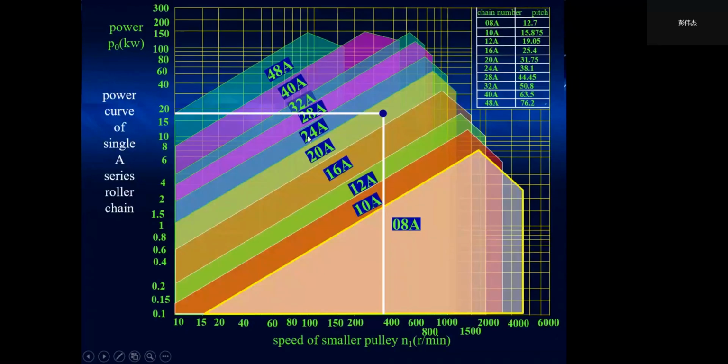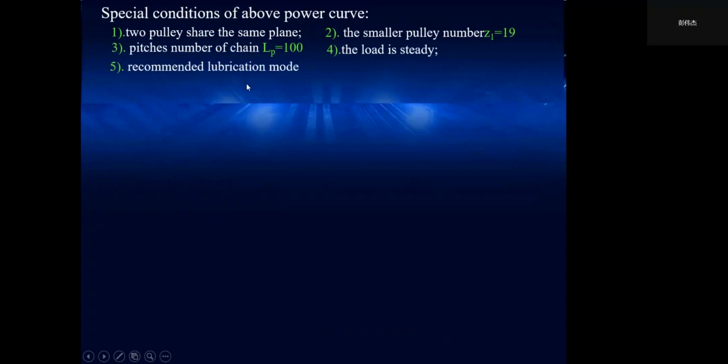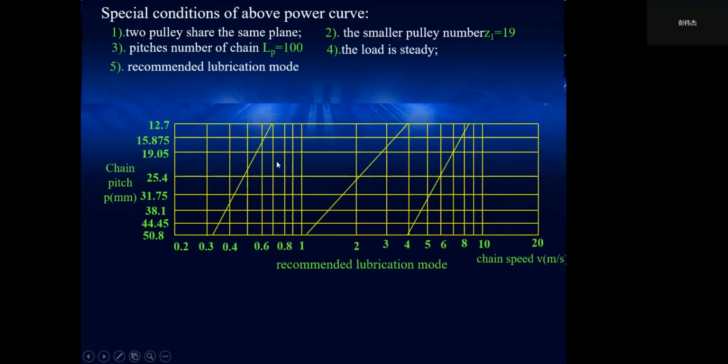If we use this selection diameter, it should satisfy that the two pulleys share the same plane, and the smaller pulley number Z1 is 19, and the pitch number of the chain is LP, and the load is 30, and the recommended lubrication mode can be obtained from this table.